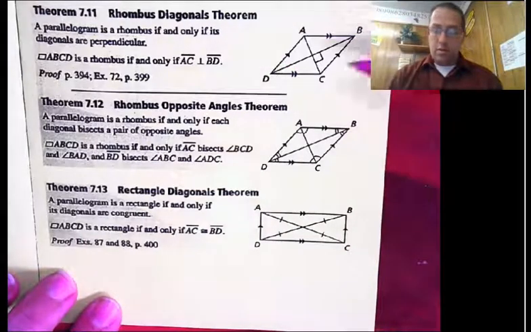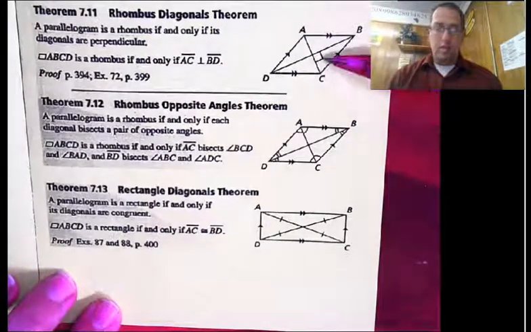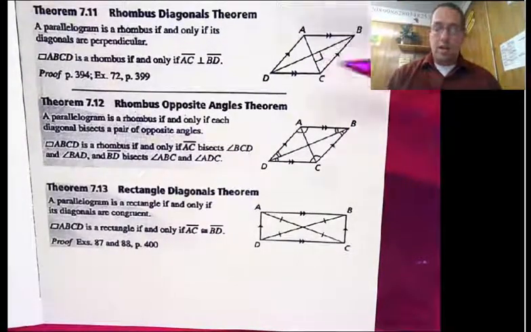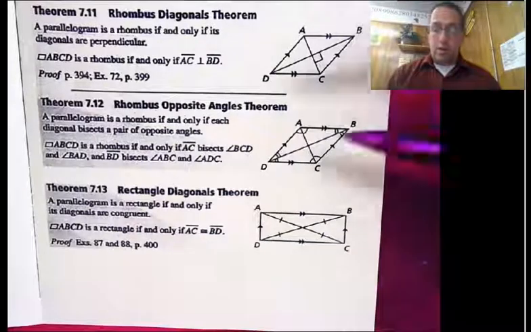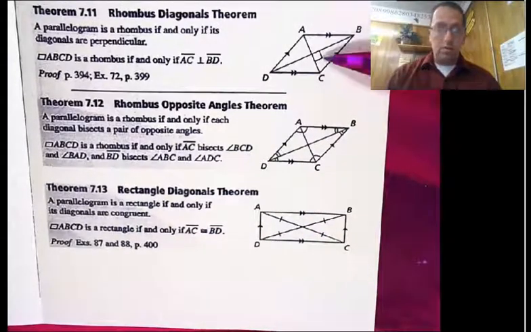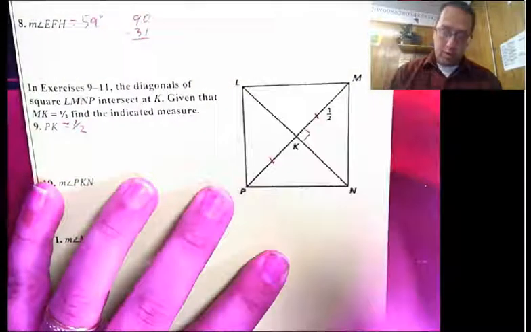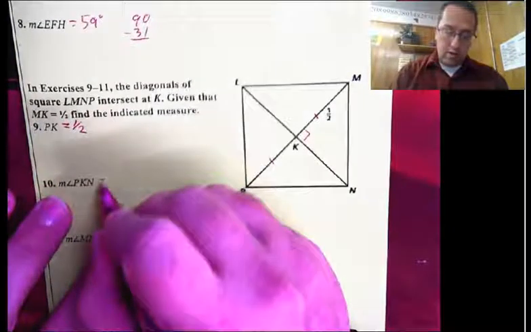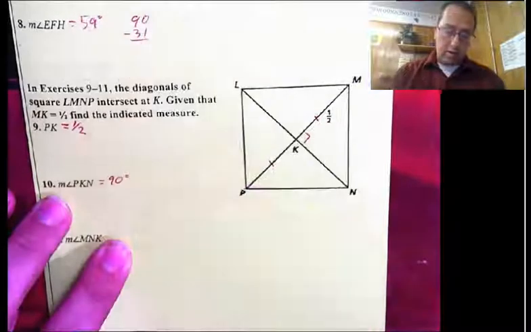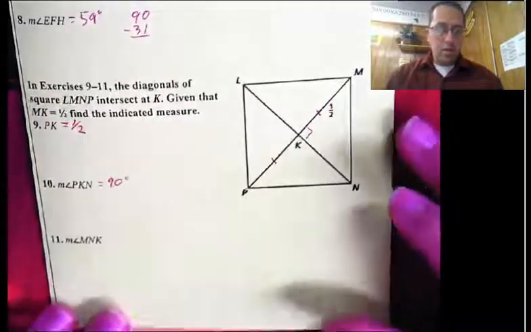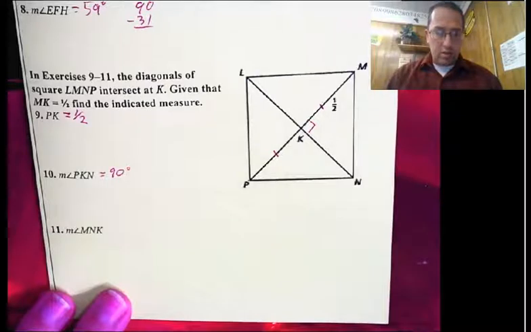It'll be right here. The rhombus diagonals theorem says that they are going to be perpendicular to each other. And since a square is both a rhombus and a rectangle, this is true because it's a rhombus. So that means this is going to be perpendicular, and so our angle is going to be 90 degrees because it's a rhombus.